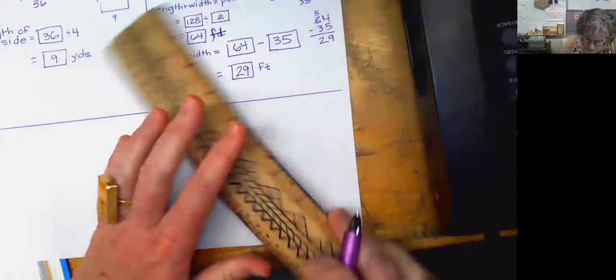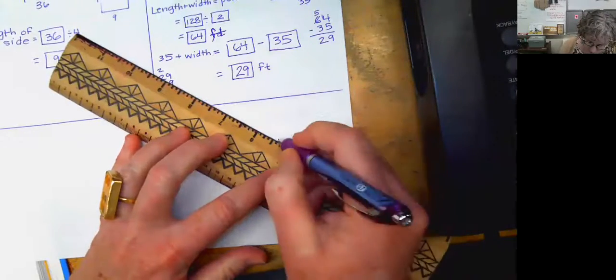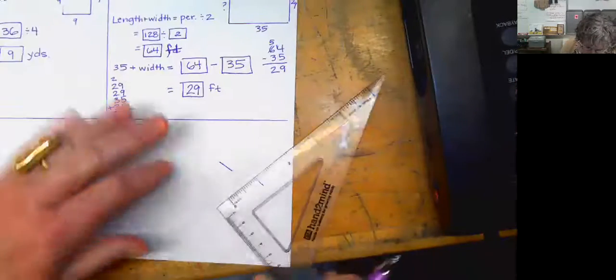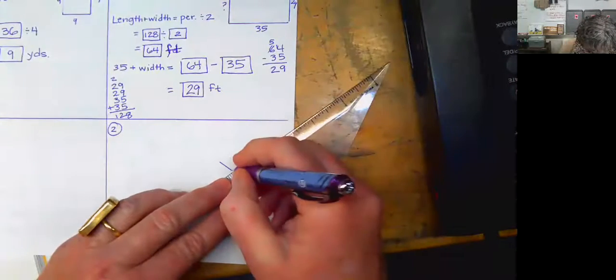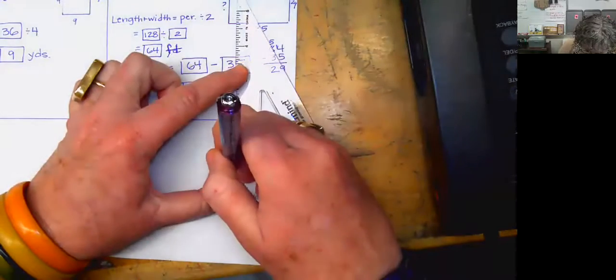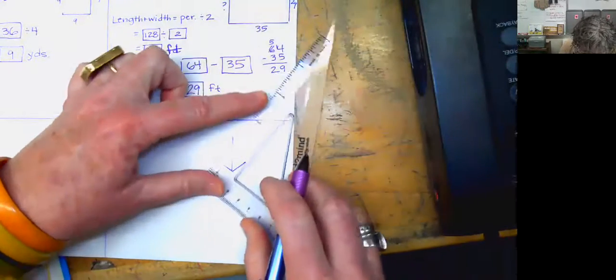Sorry, I need this to draw better. We have this. The box is topped with a square.